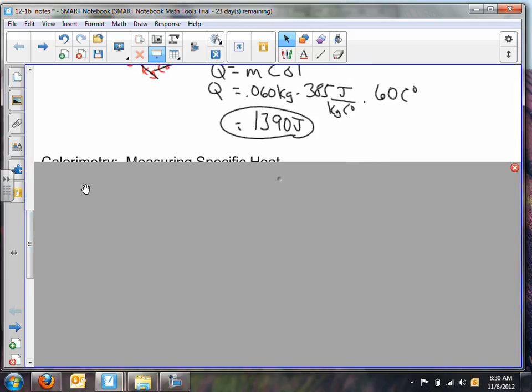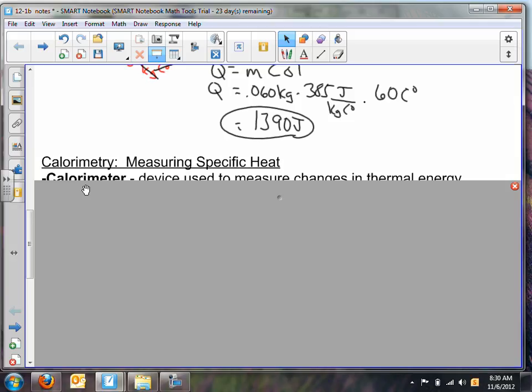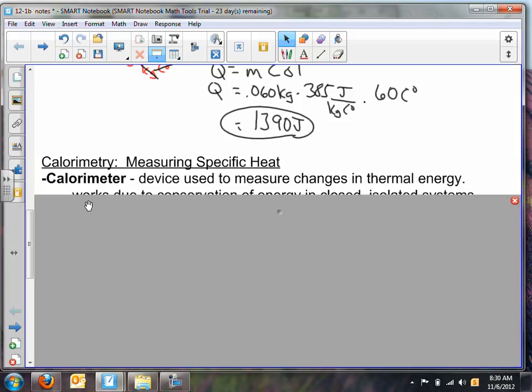Now let's look at calorimetry, or how we measure specific heat. We talked about this a little last year in chemistry as well. A calorimeter is simply a device used to measure changes in thermal energy. And we will show you one of these in class. We'll demonstrate what a calorimeter looks like.